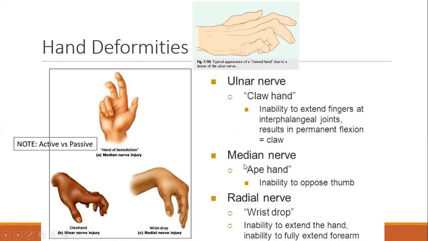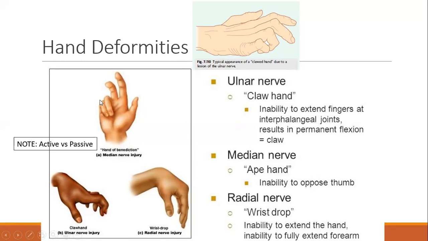Median nerve, you can end up with what's called ape hand, which is the flattening out of your thenar eminence. So you're not able to oppose the thumb anymore because you've lost innervation to that thenar eminence. You can also end up with what's called hand of benediction. So in these patients, they come in and you ask them to make a fist.